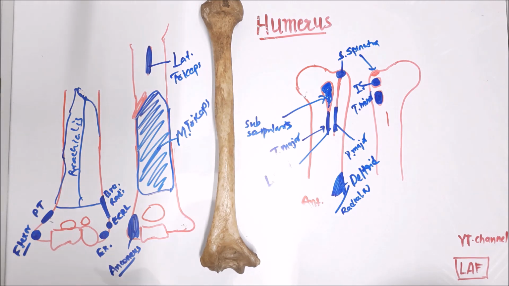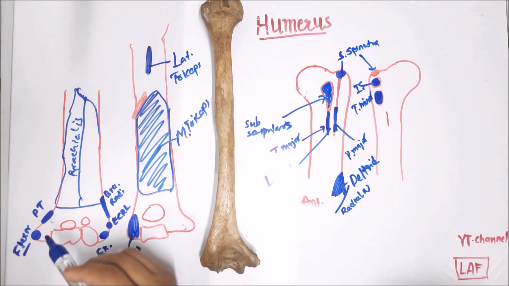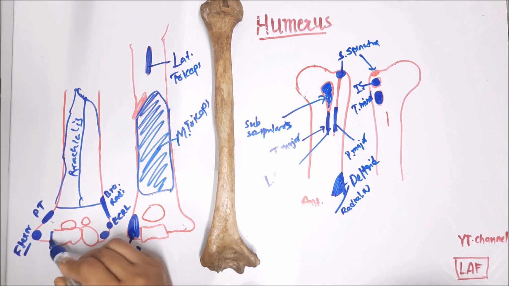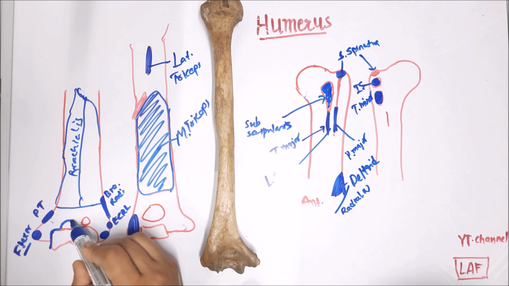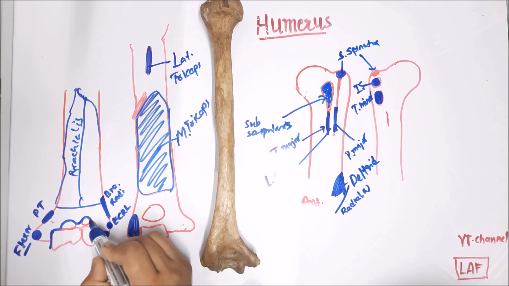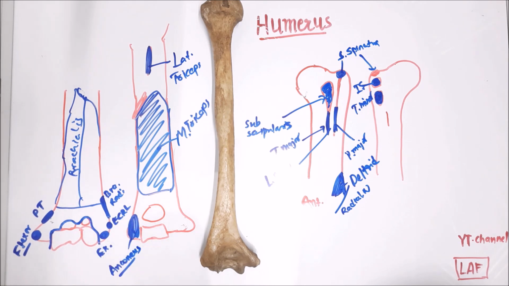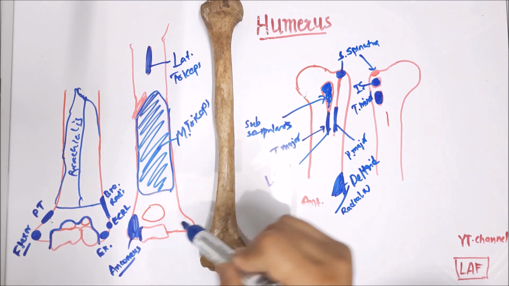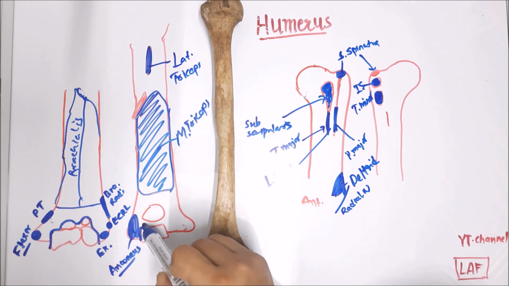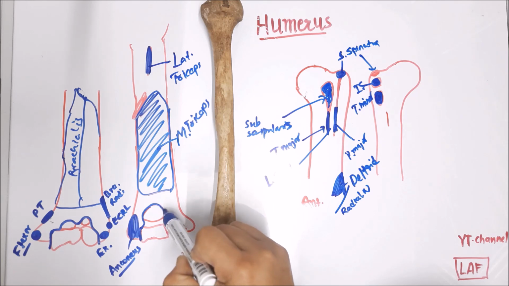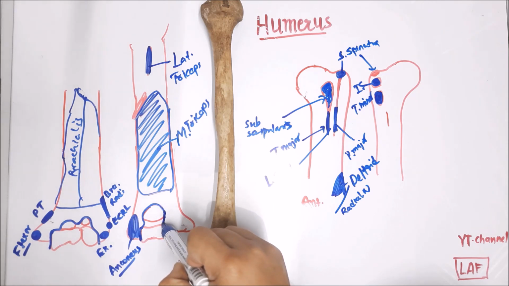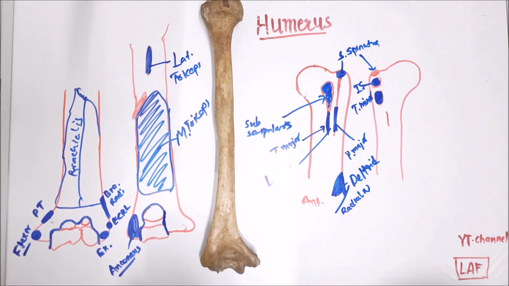So the margin of attachment of the capsule passes just above the trochlea, then above the coronoid fossa, then above the radial fossa and capitulum on the anterior side. On the posterior side, it passes on the posterior aspect of the trochlea, and it also covers the olecranon fossa. So this is how the capsule of the elbow joint attaches.